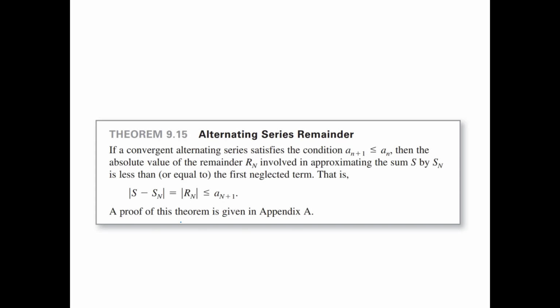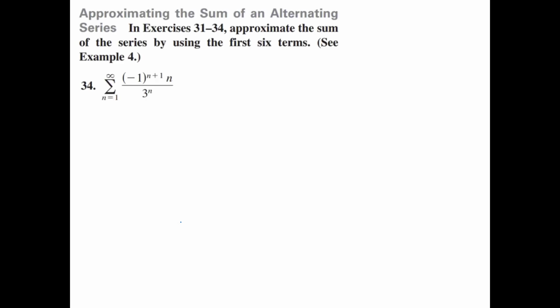So let's apply this: approximating the sum of an alternating series. In exercises 31 through 34, approximate the sum of the series by using the first 6 terms. See example 4. So this is an infinite series that goes on forever, but we can approximate it by stopping anywhere along the way, and we're just going to put in the first 6 terms. Because of the n plus 1, it's going to start positive.